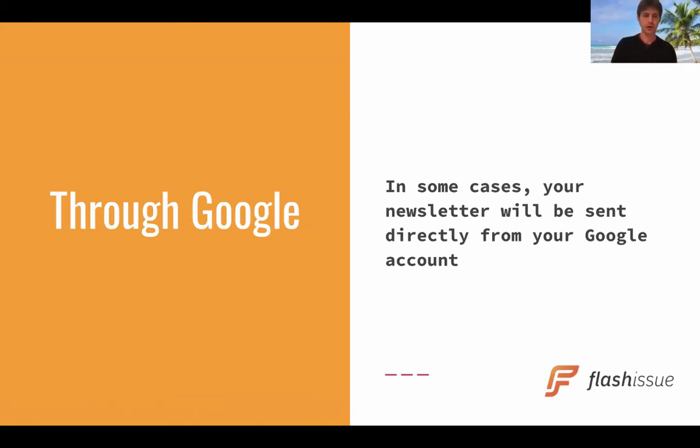But at the end, we take the prepared newsletter and give it to Google and tell Google, please send it on behalf of that person. And when we do that, the deliverability rates are usually really high because the message comes directly from Gmail. And when that happens, then usually whether you end up in spam or not really depends on the content of your newsletter.